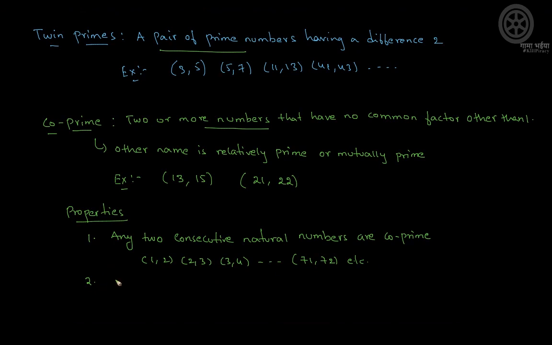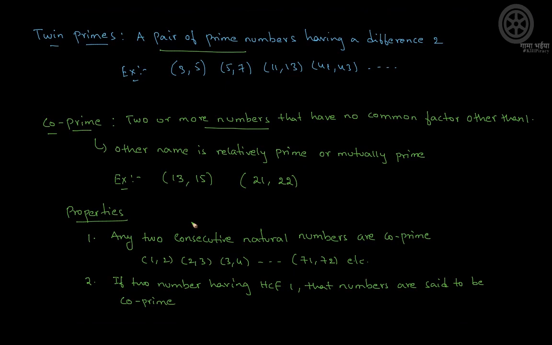Second one, if two numbers have HCF 1, then those numbers are said to be co-prime, right? This can be taken as another definition for co-prime numbers. What they are saying: if two numbers have HCF 1, then they are said to be co-prime numbers.